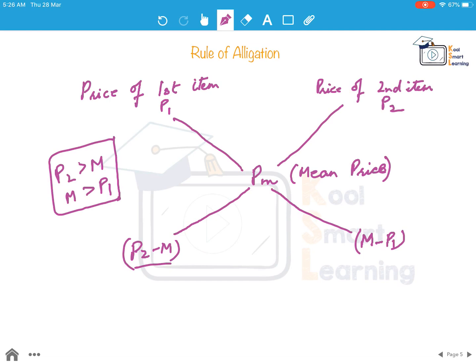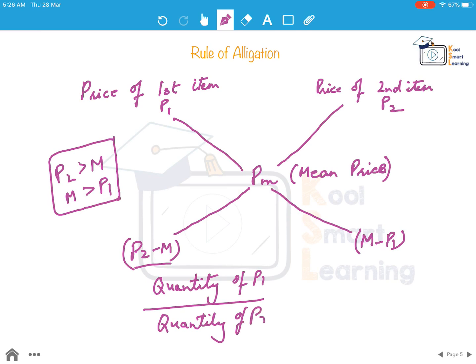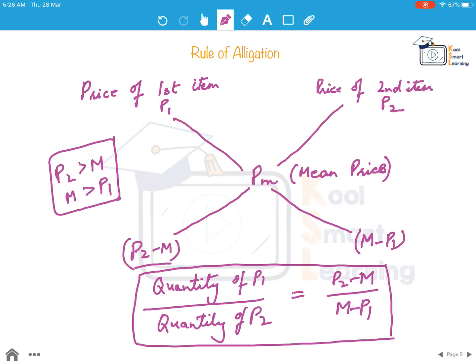Right? So now this picture shows, this is just a pictorial representation, that quantity of P1 divided by quantity of P2 is equal to P2 minus M divided by M minus P1. So this is how we put it pictorially so that it is easy to map it.